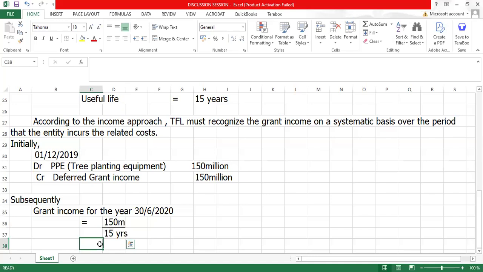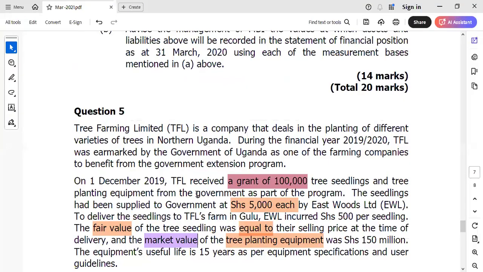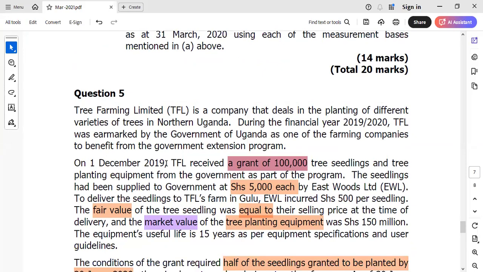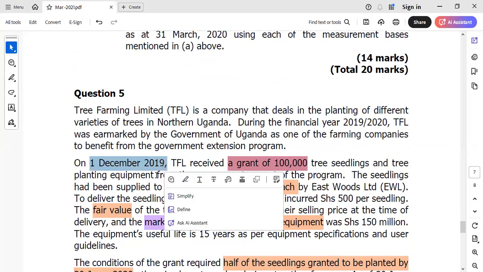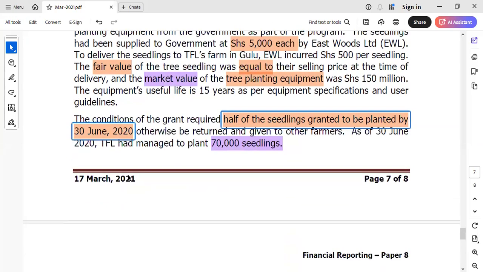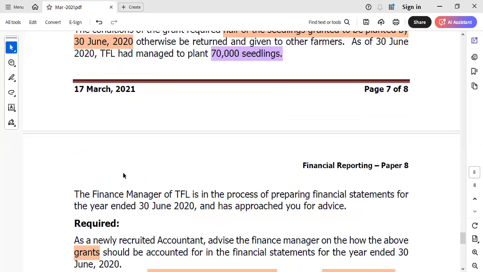However, when you look at our question, remember you received this on 1st December 2019. So it means that the year is going to end when you have just used the asset for a period, not a full year.